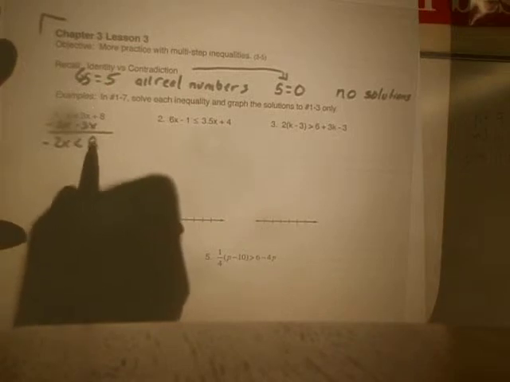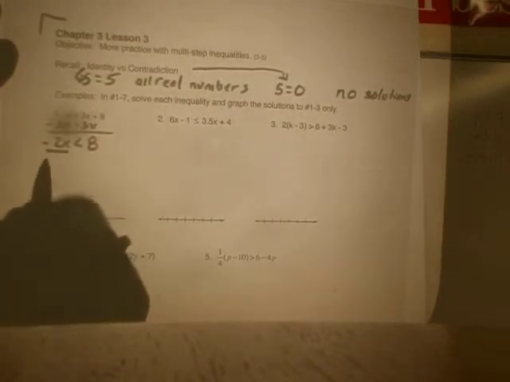We are going to start by subtracting 3x from both sides. And when we subtract 3x from both sides, you end up with negative 2x is less than 8. From there, we can divide both sides by negative 2.